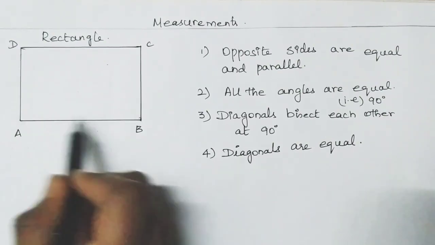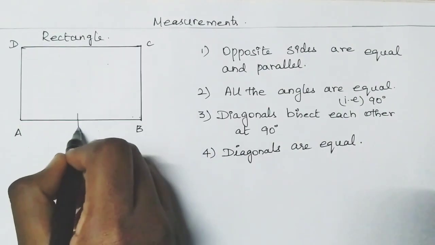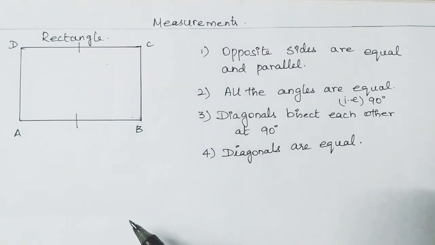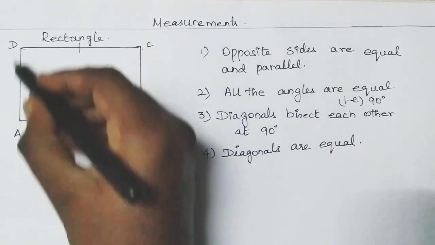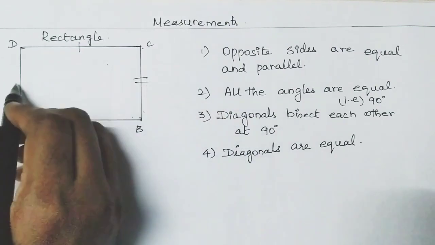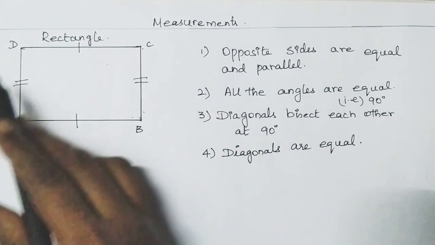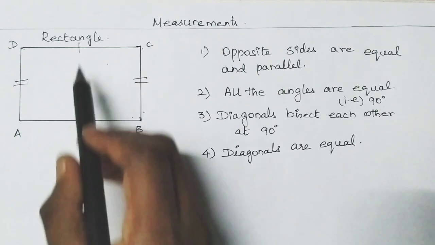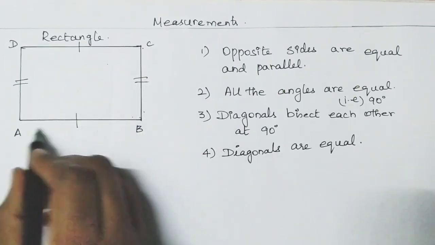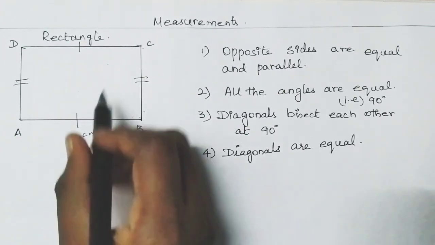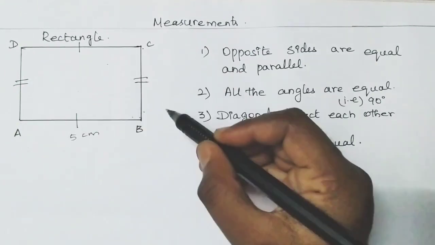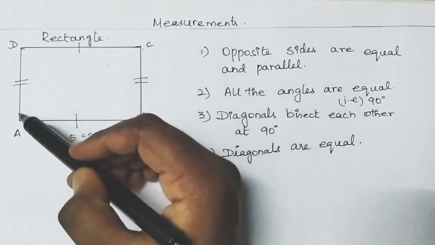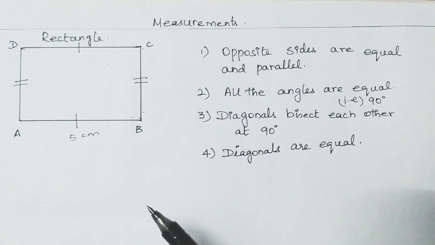Opposite sides, that is AB and CD, are parallel and equal. BC and DA are parallel and equal. In a square, all the sides are equal. In a rectangle, opposite sides are equal. Suppose AB is 5 centimeter, then CD is also 5 centimeter. BC 3 centimeter, then AD is also 3 centimeter.